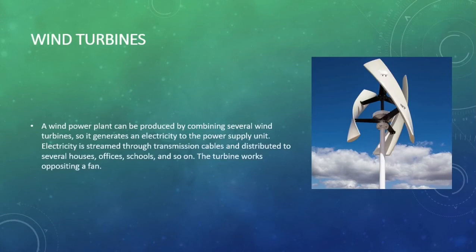If a fan changes electrical energy to make wind, on the other hand, the turbine uses the wind to produce electrical energy. The wind will rotate the blades of the turbine, which rotate a shaft connected with the generator.